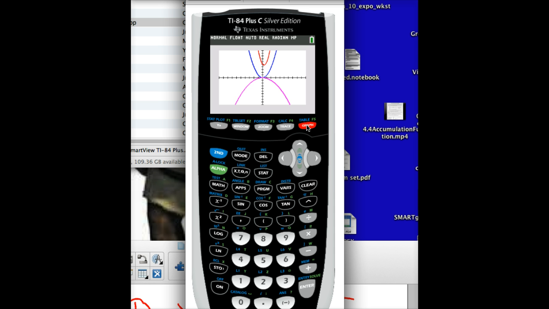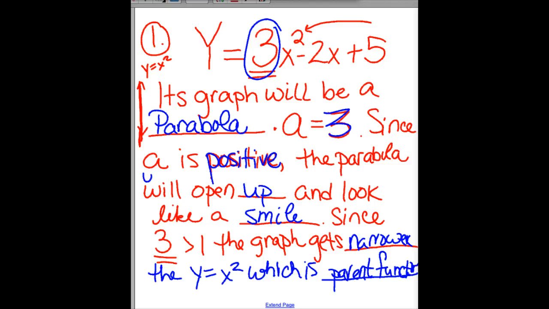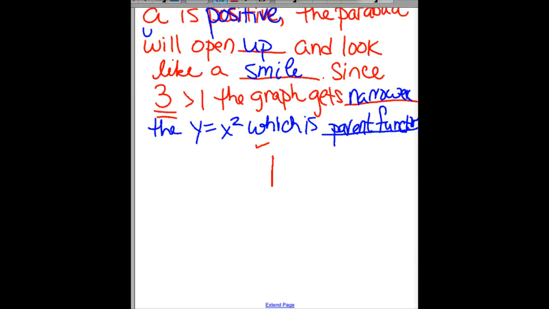All right, so that's just the basics of the graphing. And let's go in your notes. Right here and right below this one, we're going to graph the parent function on the graphing calculator, which I just did. Y equals x squared is just this normal average Joe.